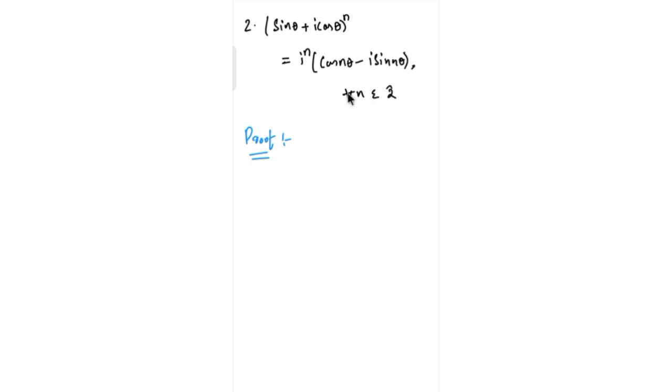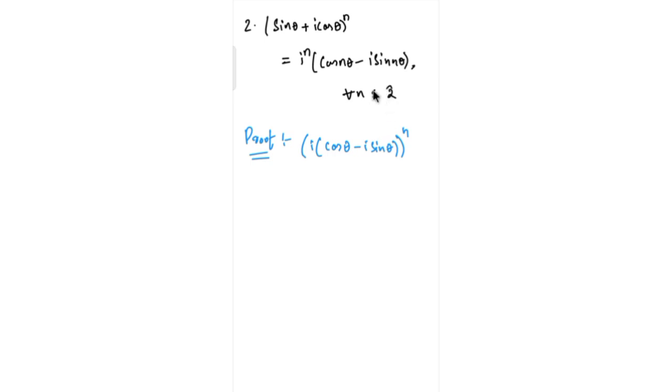First of all, we need to convert this into the Euler's form, that is cos theta plus i sin theta, with the imaginary part belonging to sin and cos theta to the real part. For that reason we take i outside, that is i of (cos theta minus i sin theta) whole power n.